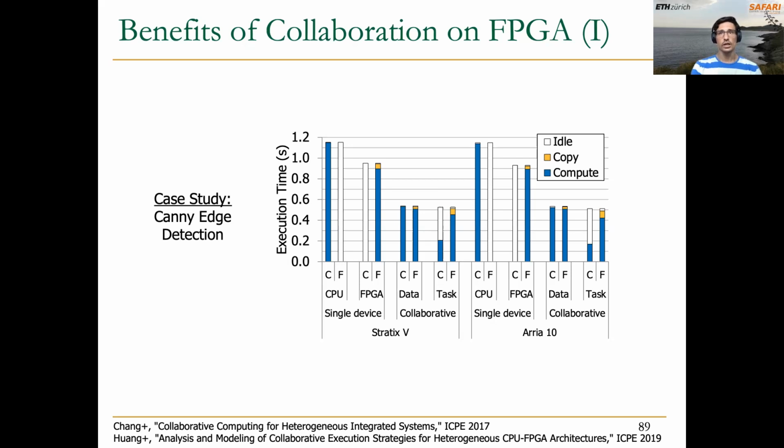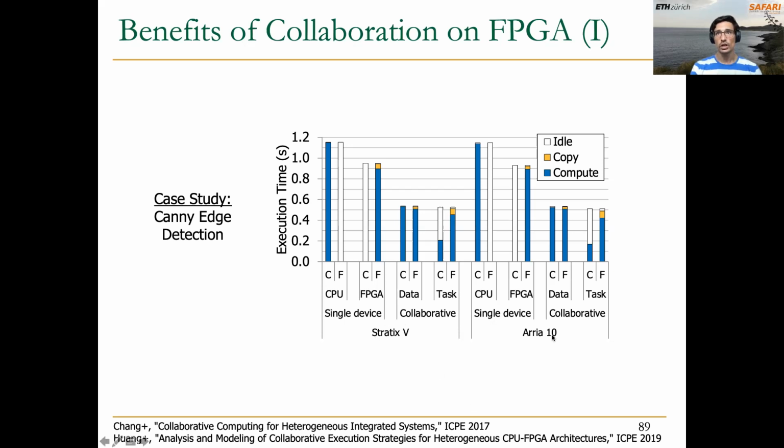In this particular slide, you can see the case study for canny edge detection. As you may have seen in previous slides, we have two different versions of canny edge detection in the CHAI benchmark suite. One is data partitioning, and the other one is coarse-grain task partitioning.